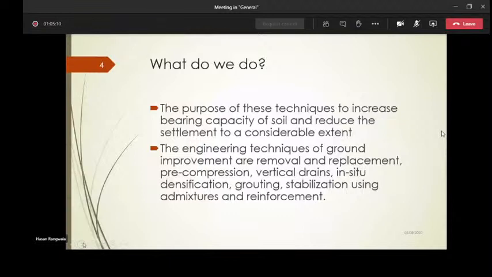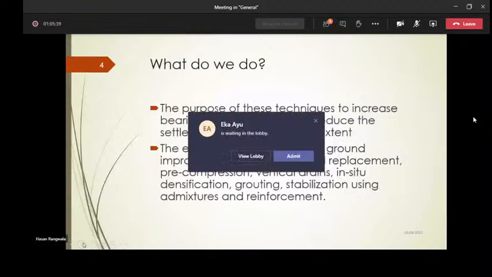Now, removal and replacement is quite non-economical, so we tend to move to various other techniques like pre-compression, vertical drains, in-situ densification when we go in the field itself, grouting, stabilization, all of these being some chemical or cementitious admixing. Okay, and the method that we are going to use for today is the soil reinforcement system.